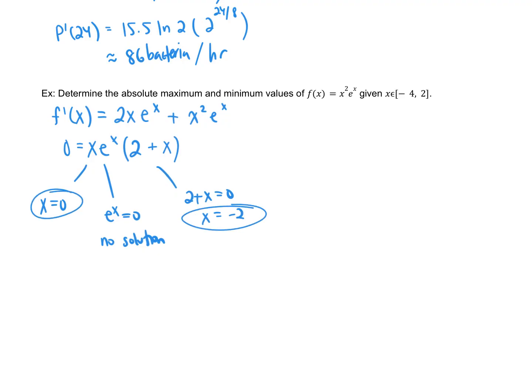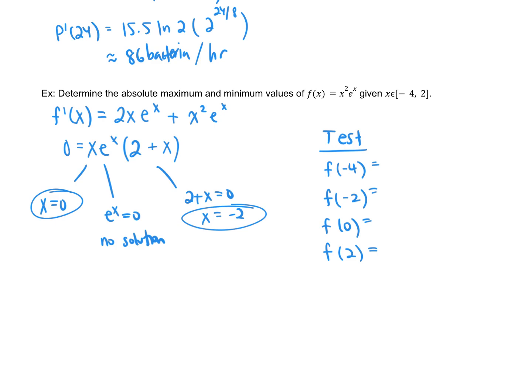Both of these critical points belong to this interval that we were given, so I will include them in my testing. I'm going to test -4, I'm going to test -2, the 0, and the other endpoint. And now, just going to punch it into the calculator.